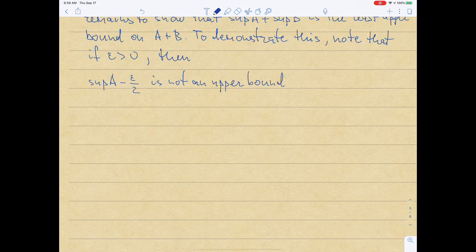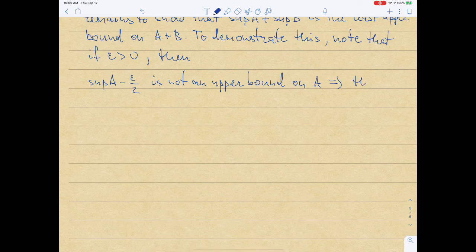And because it's not an upper bound on A, what does it mean that something is not an upper bound? I should be then able to find an element of my set above this number.